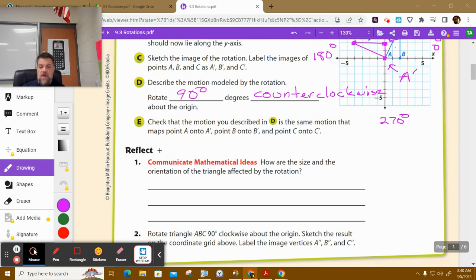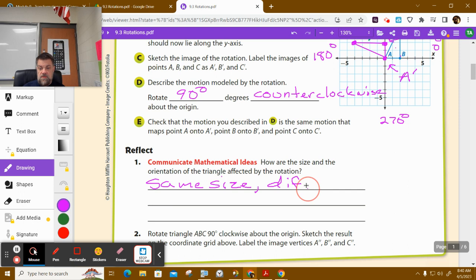Now, it says communicate mathematical ideas. How are the size and the orientation of the triangle affected by the rotation? Same size. Different orientation. That's a Z there. Same size.